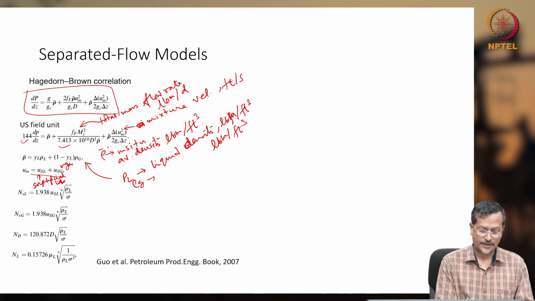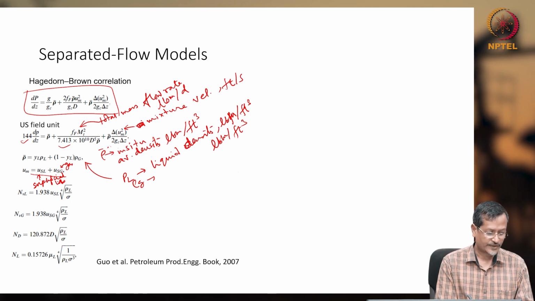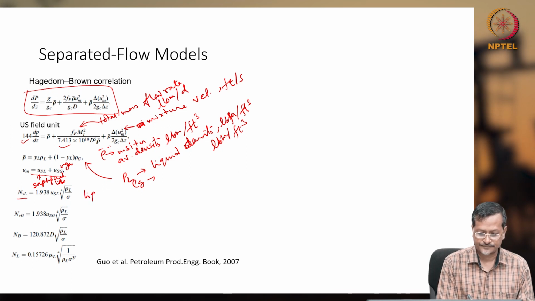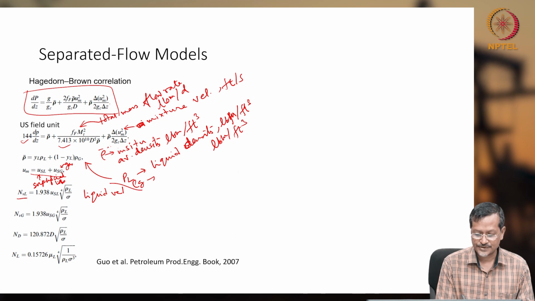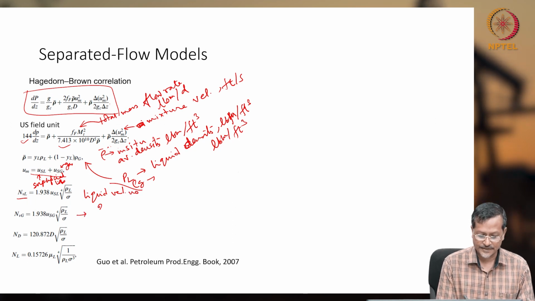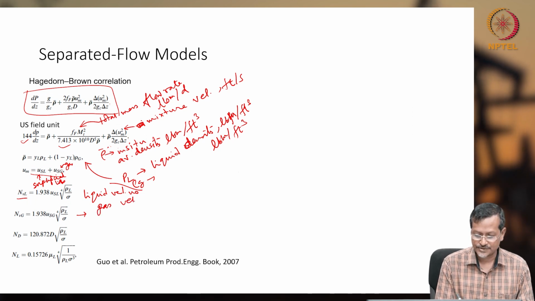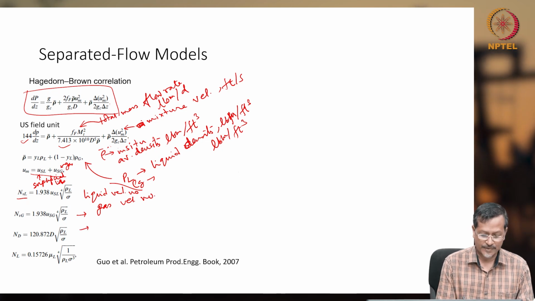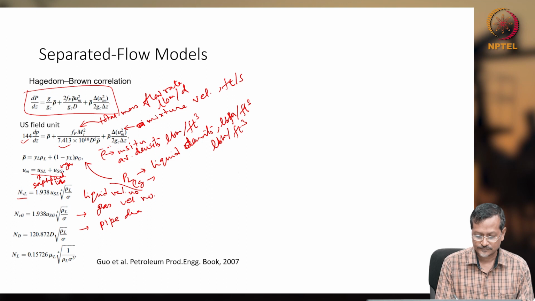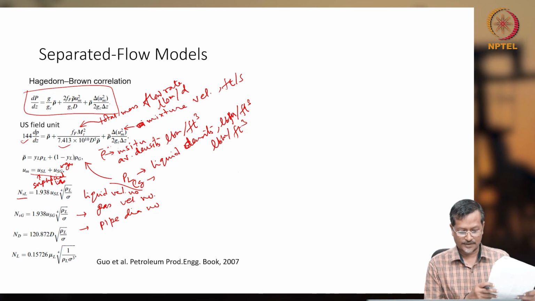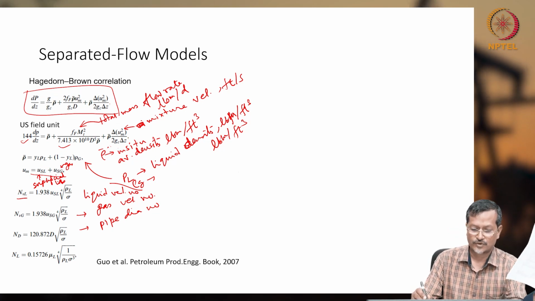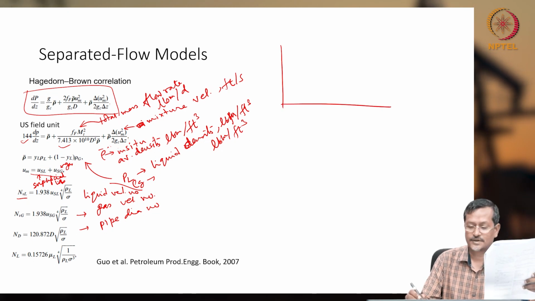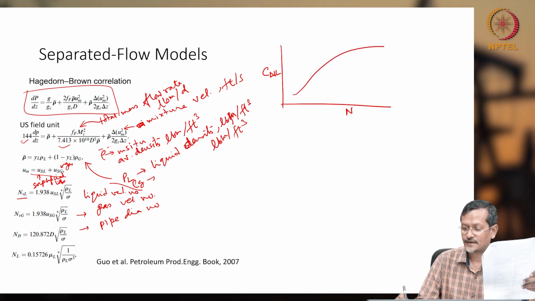Now using all these formulas, you have to calculate the liquid velocity number, this is called the liquid velocity number, and this is the gas velocity number. This is the pipe diameter number. This is the liquid viscosity number. Using these numbers, Hagedorn and Brown developed charts like CNL. This chart is like this, NL, this is a log plot.